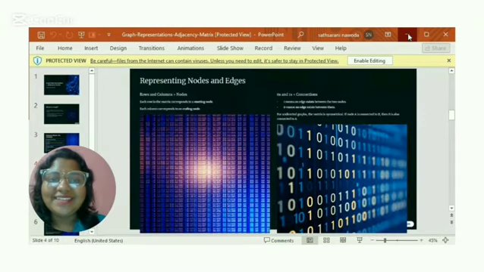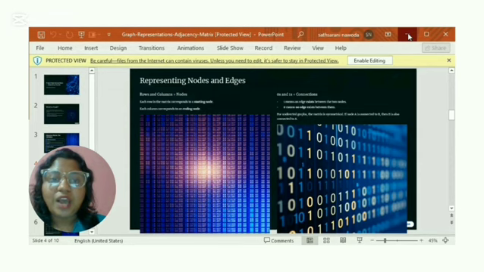Now let us look at nodes and edges more clearly. Nodes, also called vertices, are the individual items in a graph. You can imagine nodes as points or circles. Edges are the links that connect two nodes.